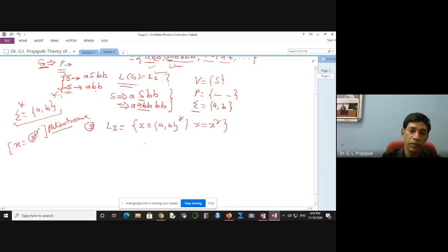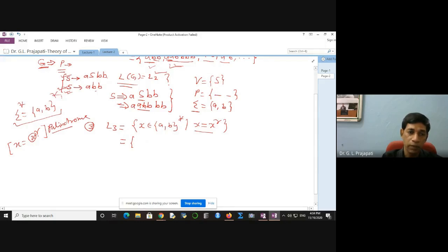You have many possible sentences that can satisfy this property. So how can you write the grammar for this language? You need to list some sentences in this language, so you will have some more idea. You have to satisfy the rule X should be equal to X reverse, and X belongs to {A,B} star.